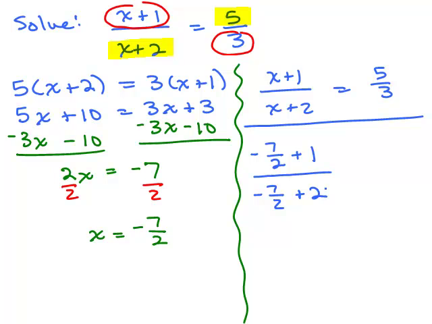All right, now we have this complex fraction. So what we're going to do is add what's in the numerator, but you have to get a common denominator. So you have to think of that as negative 7/2 plus 2/2 all over negative 7/2 plus 4/2.